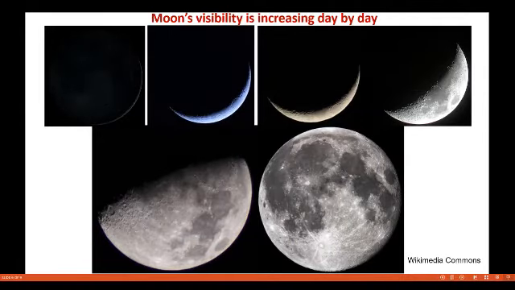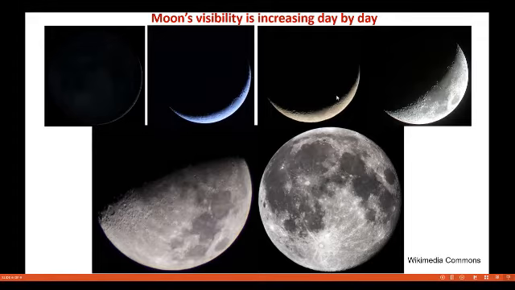Let's look at this particular picture. In fact, it is made up of many pictures. In this picture, we will find the moon's visibility is increasing day by day. Here the moon is completely dark. A part of the moon is visible here.